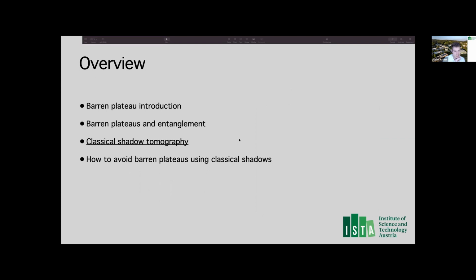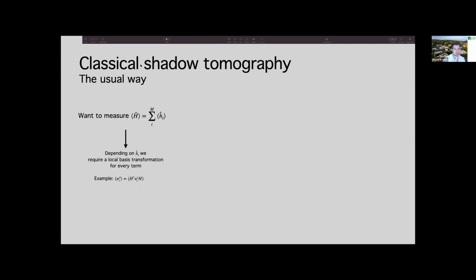So now let's do a quick overview of shadow tomography. Let's say we want to estimate some energy expectation value, for example a quantum chemistry Hamiltonian, and we have M terms, M Pauli strings. Depending on the Pauli string, we require a local basis transformation, because on the quantum computer you measure in the Z basis.